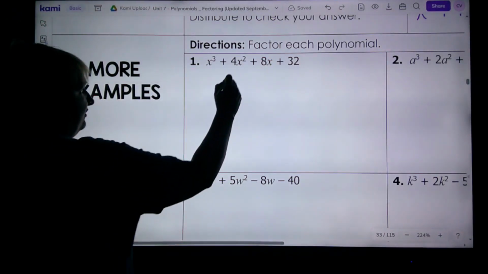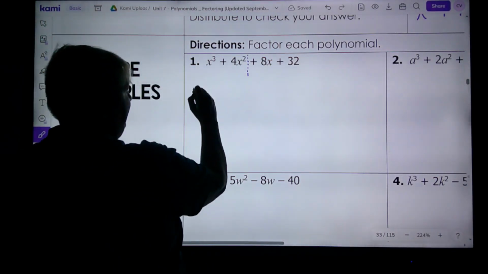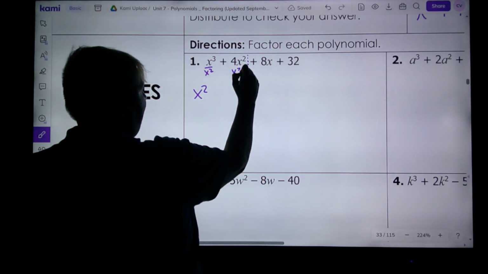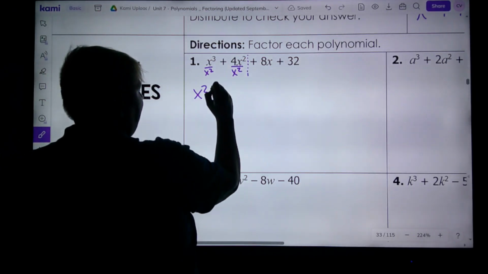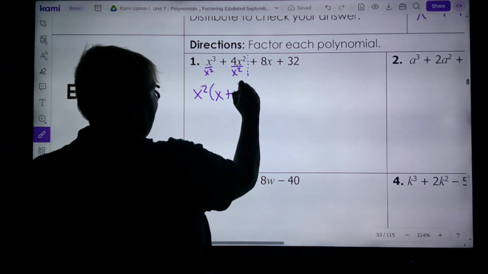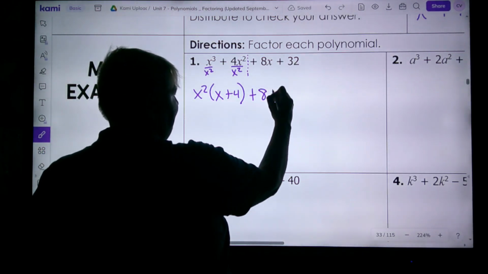Be careful. Right? So, I can take x squared out of this, and if I divide both sides by x squared, I'm left with x plus 4. And on this side, I can take an 8 out of both, a positive 8.